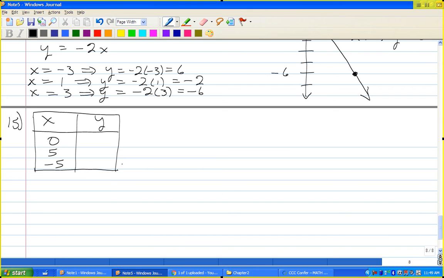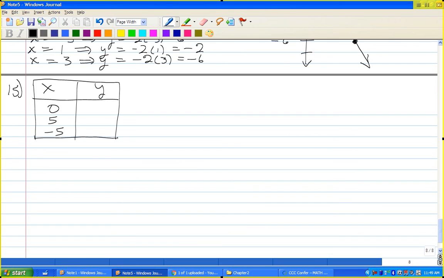I want to sketch the graph of 3x equals 5y. So let's divide both sides of my equation by 5. So I get y equals 3/5 x.